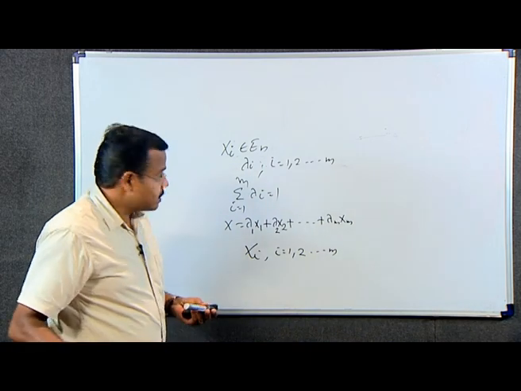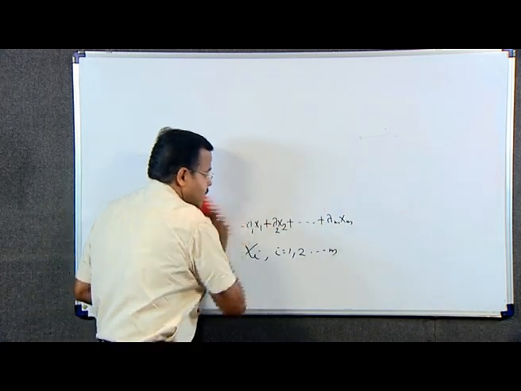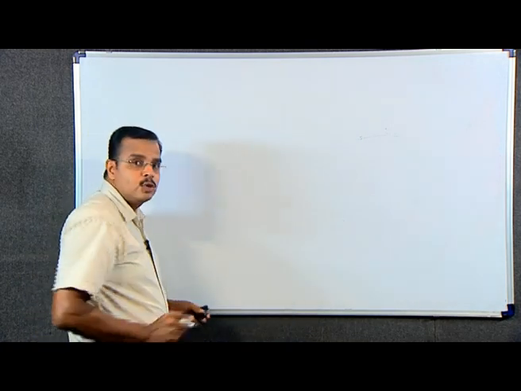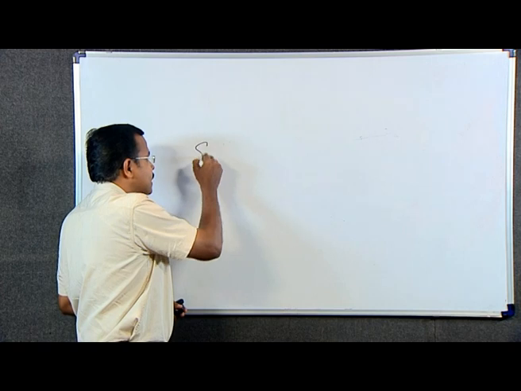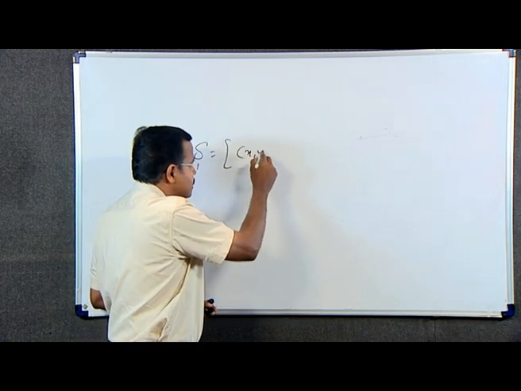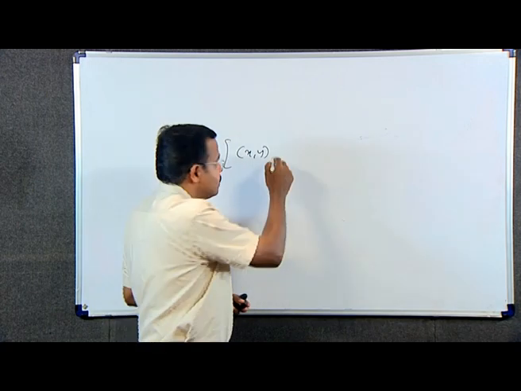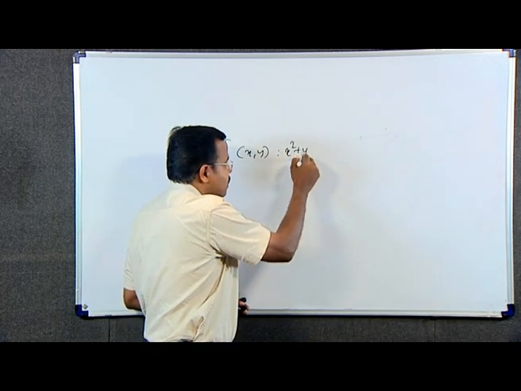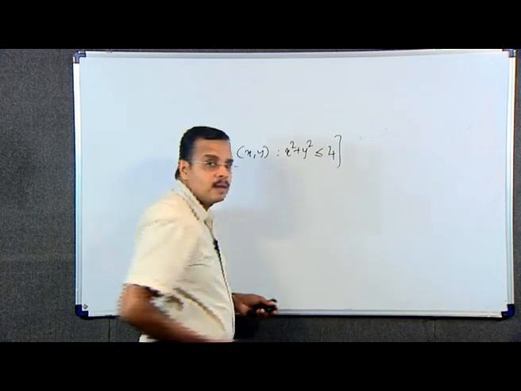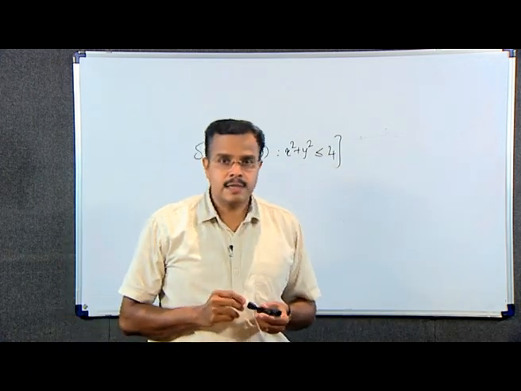Next, we are considering a problem. In this problem, we want to show that the set S, equal to the set containing points x y such that x square plus y square is less than or equal to 4, is a convex set.